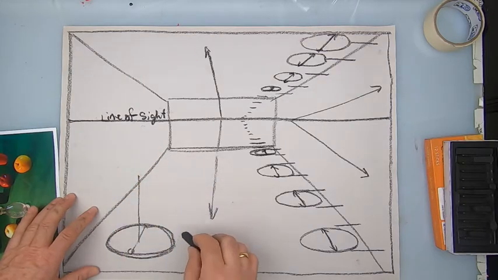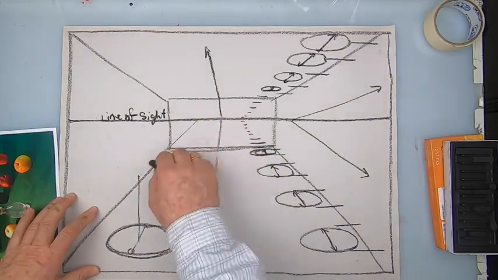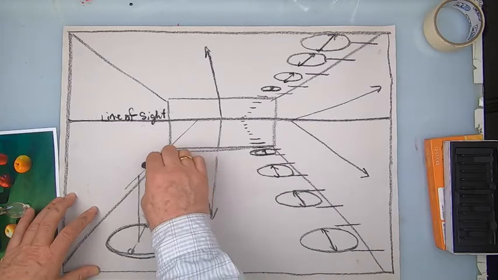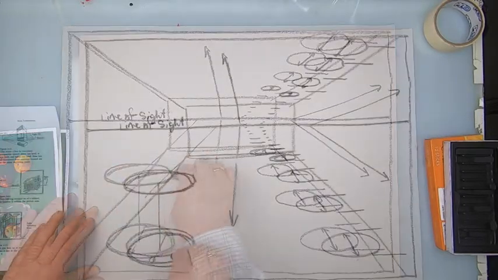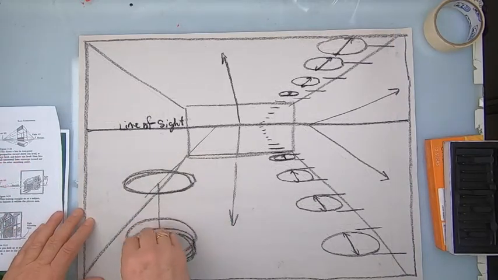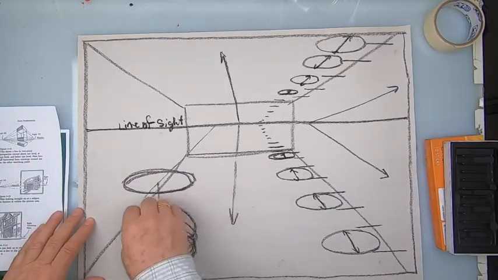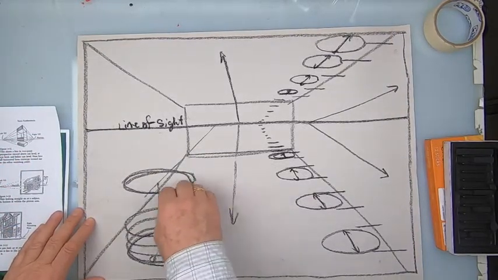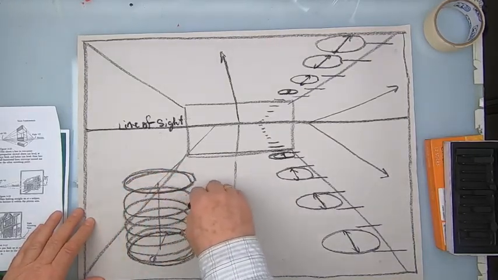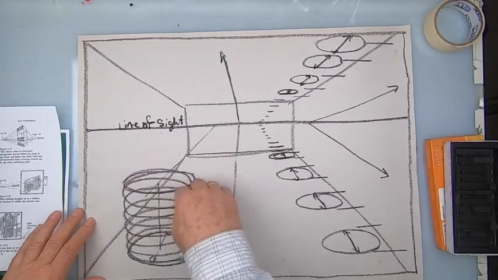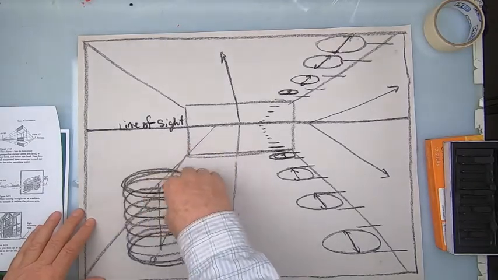And then you see how this is a little cylinder higher that we're going to draw here. It's going to be located nicely in relationship to the whole volume of the page.